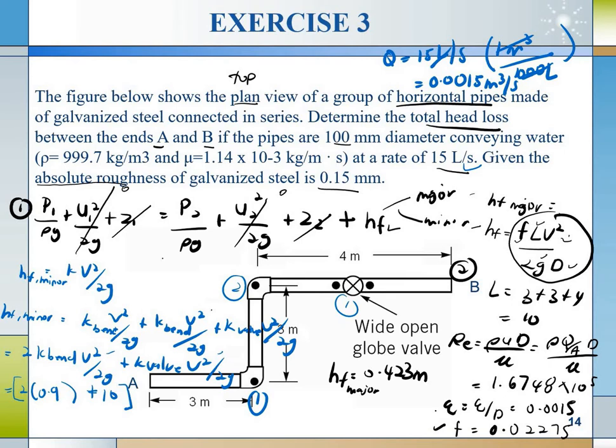Remember, in your calculation, you need to show one by one: the unit conversion, the derivation, even if you have to expand or modify the equation, like this Reynolds equation. You need to show one by one, because sometimes each one of your steps gets 1 mark.